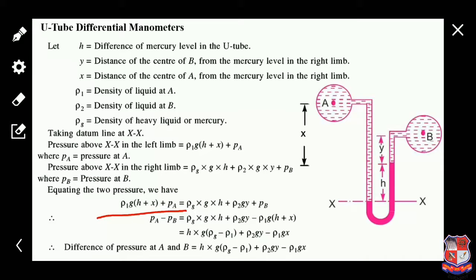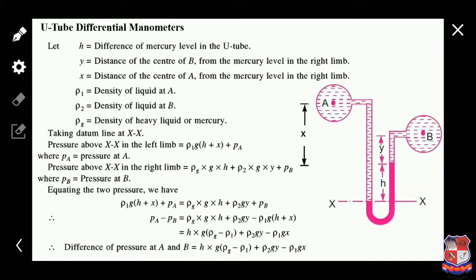Here we put the left limb pressure above the XX line on one side of the equal sign and the right limb pressure above the XX line on the other side.